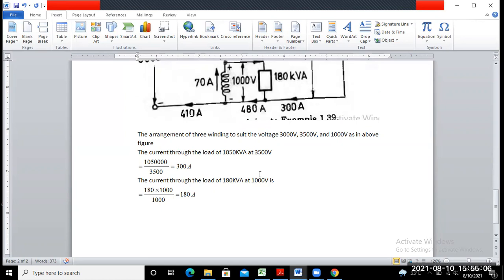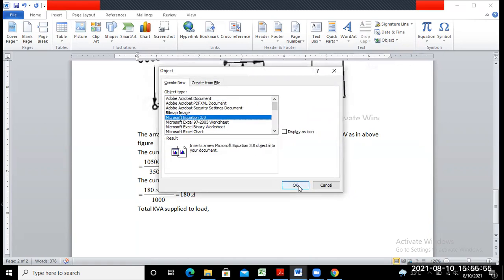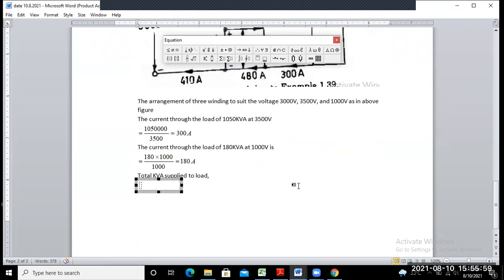Now we find the total load supplied, that is the summation of the two individual loads. The total kVA supplied to the load is 1050 plus 180 kVA.